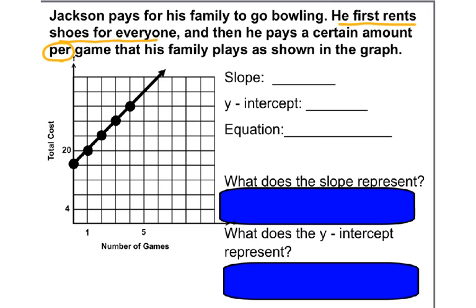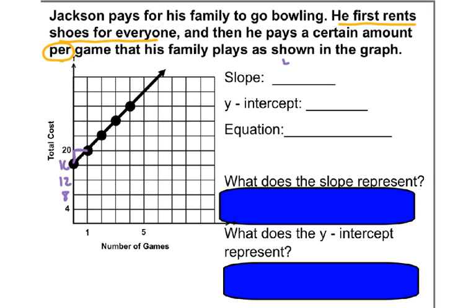Now this particular one has a graph, so we already know how to write equations from the graph. Let's find our slope by doing rise over run. Now we need to figure out what we're counting by. So 4, 8, 12, 16. So it's a rise of 4 and a run of 1.